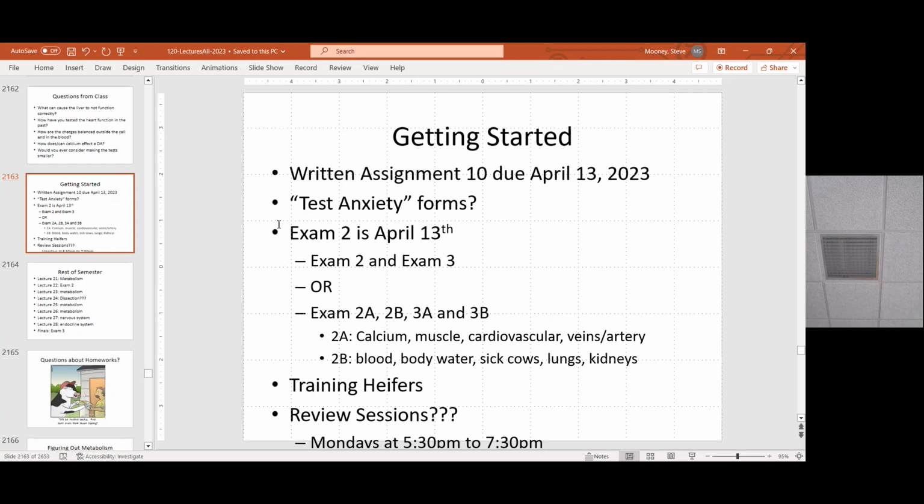Would you prefer the hour-and-a-half exam or 2 shorter exams? So we're gonna try the 2 shorter exams and see if that works. Until I get it posted, it's about calcium metabolism, muscles, cardiovascular, arteries and veins. And then the other one, next week, you get the blood, body water, sick cows, and kidneys.